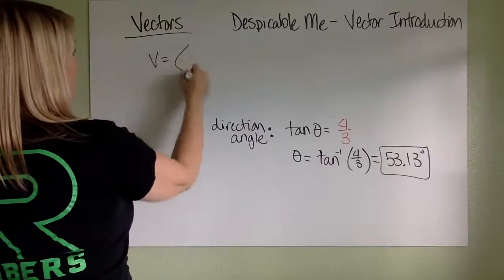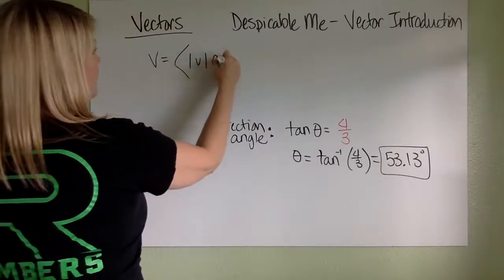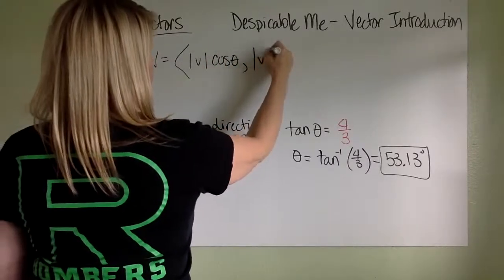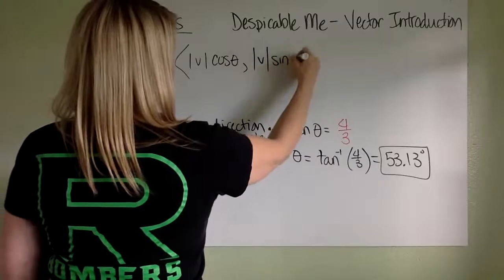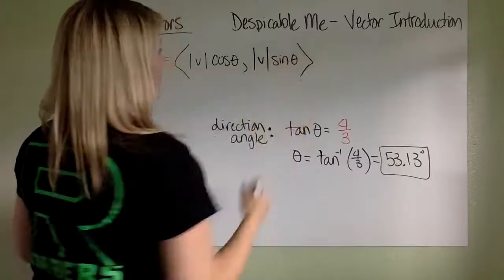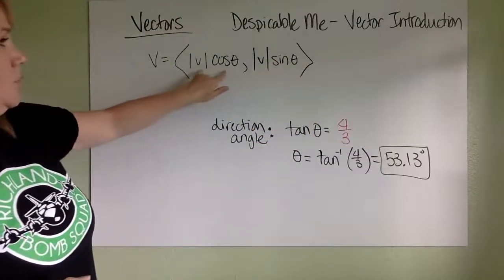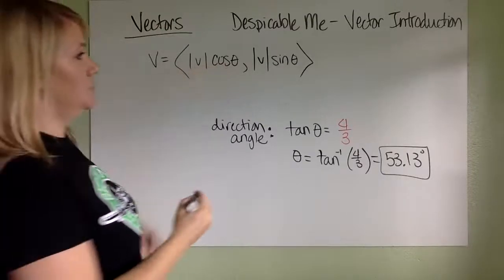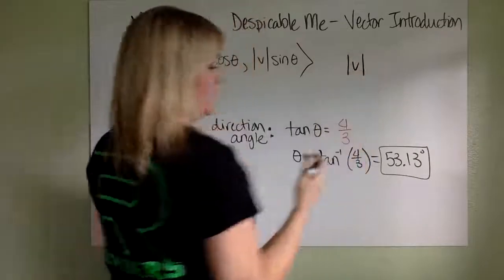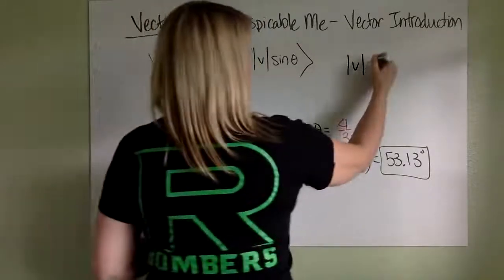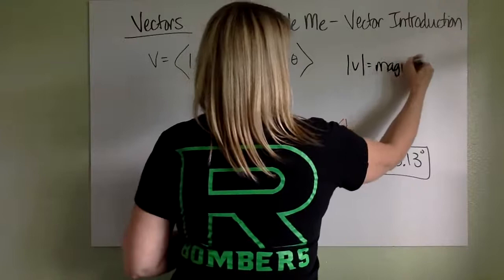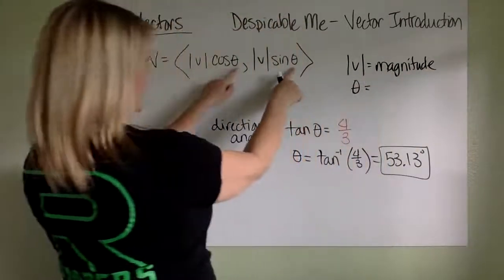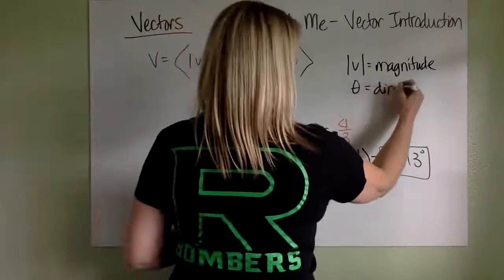If I have the magnitude and the direction angle, to find the x coordinate of the component form, I multiply the magnitude times the cosine. That v with what looks like absolute value bars is the magnitude of the vector. And then obviously that right there is the direction angle that they're giving you.